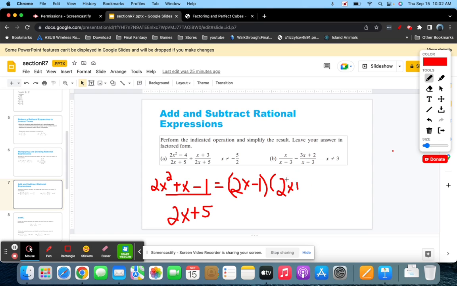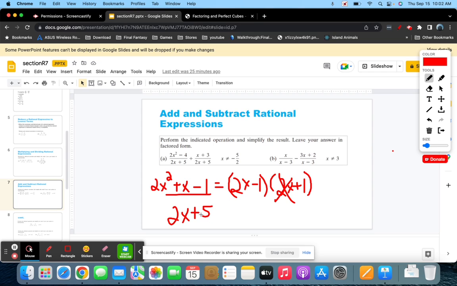I'm sorry, not 2x plus 1, just regular x plus 1. 2x times x is 2x squared. 2x times 1 is 2x, minus 1 times x is negative x, which brings that 2x to a positive 1x. And negative 1 times 1 is negative 1. Okay, so that breaks that one down.